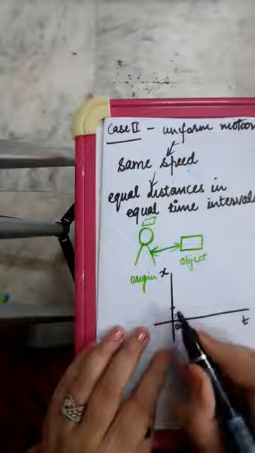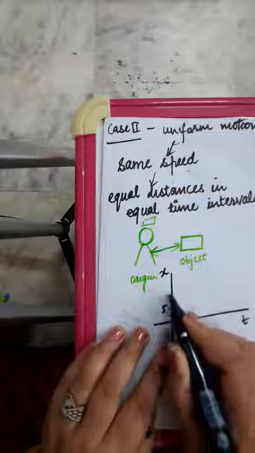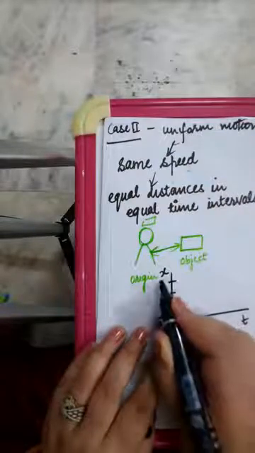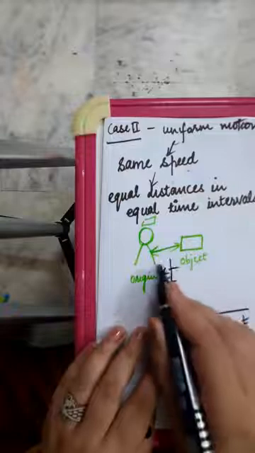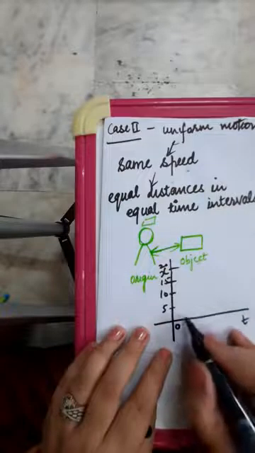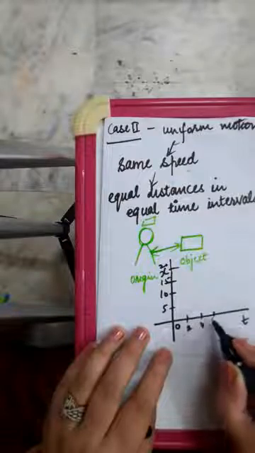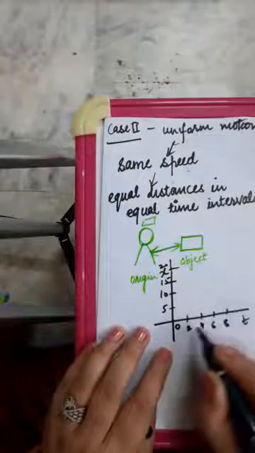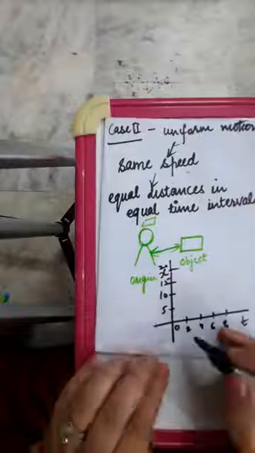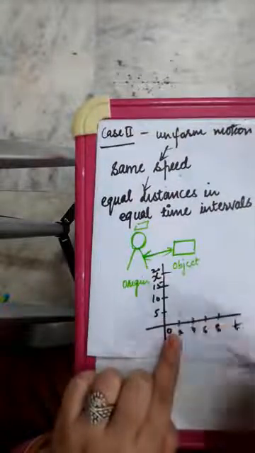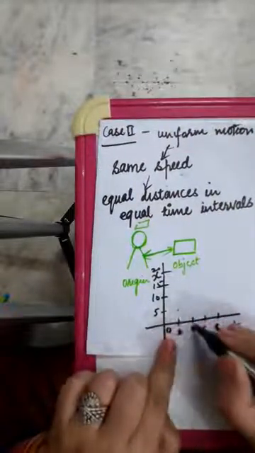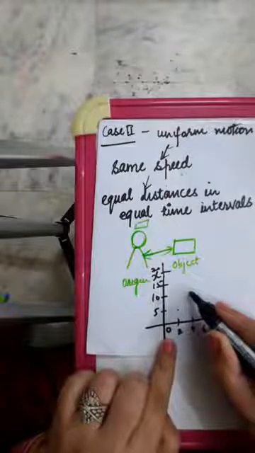As in, let us suppose position is 5, then 10 meters, 15 meters, 20 meters, and so on. The time is 2 seconds, 4 seconds, 6 seconds, 8. I am taking the gradation of 2. So suppose in 2 seconds it moves 5 meters. When 4 seconds have passed, it has moved 10 meters.